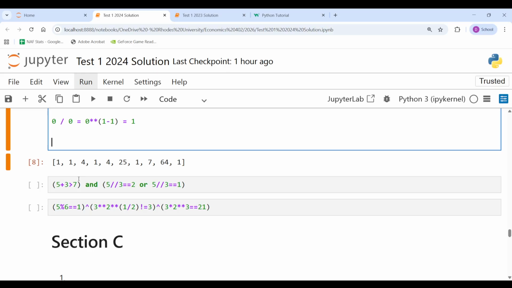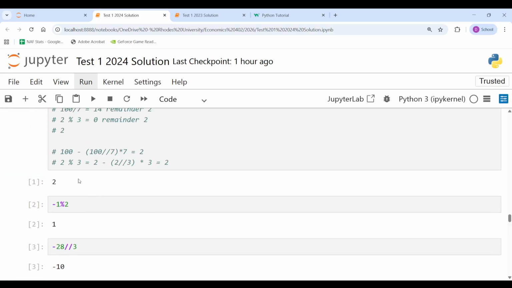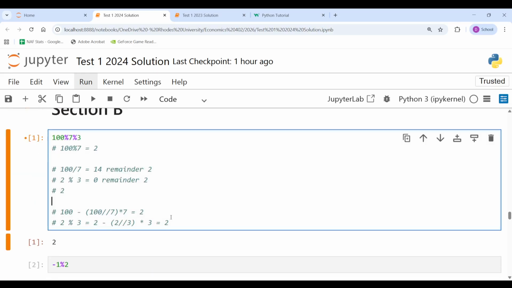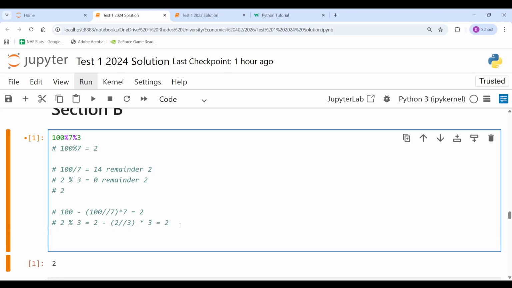Do I need to go over modulus again? Okay, so I'm going to generate a new question. What's the answer of 97 modulus 5? Why is it 2?